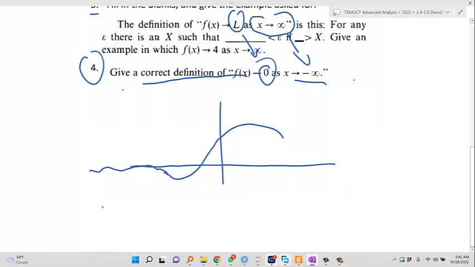All right, so in fact, the definition is going to be exactly the same as this definition, only replace the right values.